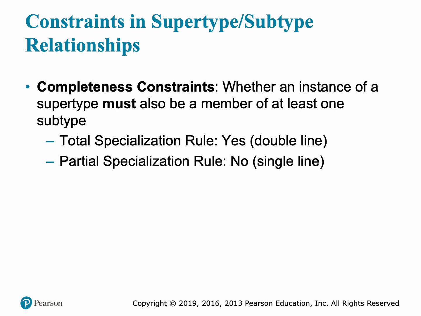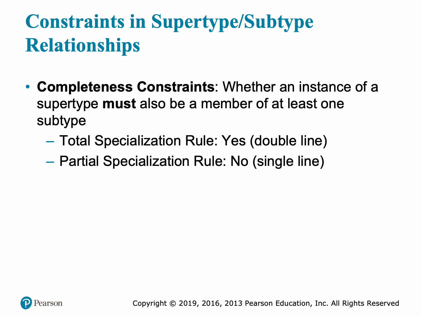One is called the completeness constraint, which indicates whether there must be an explicit subtype for each possible instance of the supertype. The other is called the disjoint constraint, which indicates whether a particular instance of a supertype could also be more than one of the subtypes.